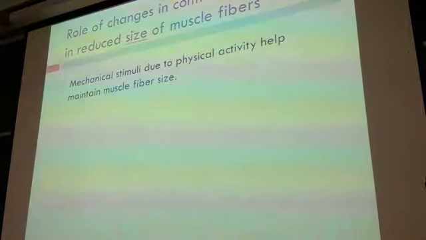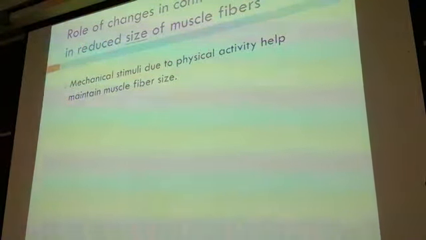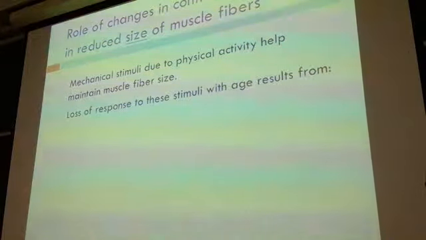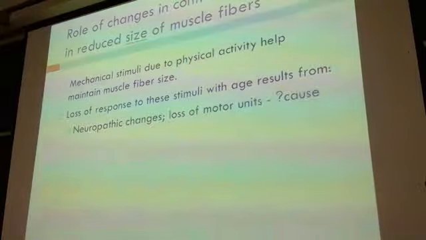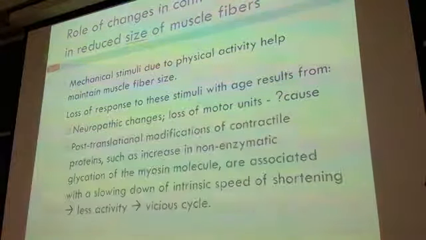Now we're about to reduce size. Mechanical stimuli, we said a few times now, is reactivity and neuromuscular signaling. These mechanical stimuli due to physical activity maintain muscle fiber size. Again, with age, that effect is lost in type 2 fibers for reasons that are not clear. So what could they be? Again, this is not telling you anything specific, except that there may be neuropathic changes that lead to less stimulation.